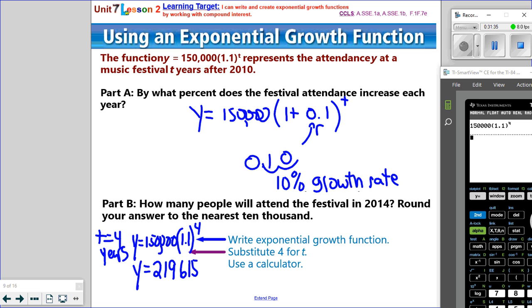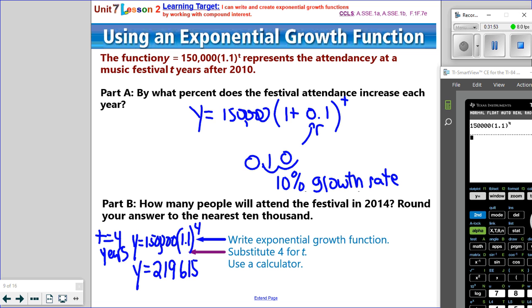All right, so here are all of the answers. By what percent, I just wrote down the whole formula. So the 150,000 is your A. The 1 plus R, if it's increasing, it's 1.1.